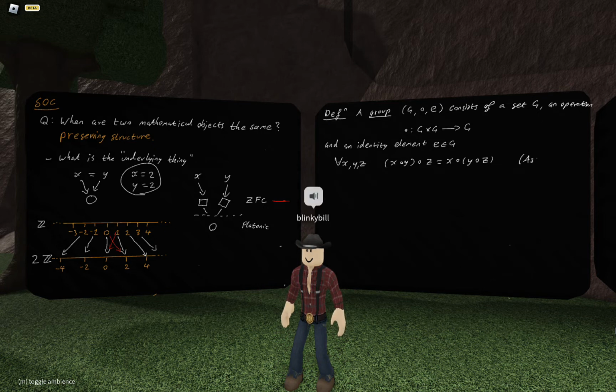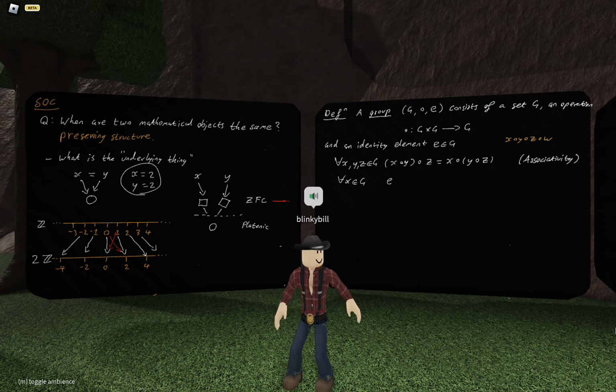This is referred to as associativity. It basically means you can write things like x times y times z times w without any brackets, and it has a coherent meaning. Then we have the identity axiom, which is saying that the identity element behaves like an identity.